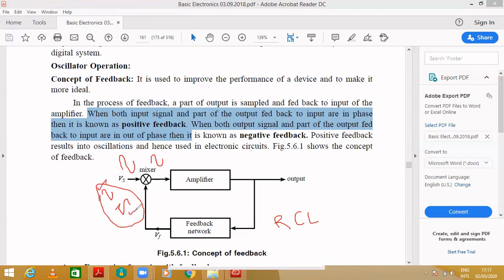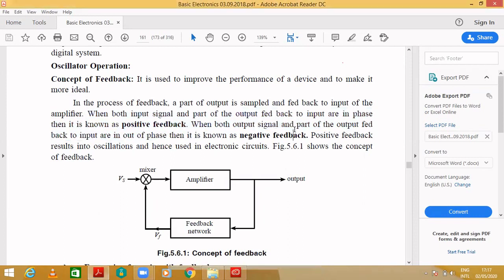Whatever you connected over here is a negative feedback. That is, when the output signal and the part of the output fed back to the input are out of phase, then it is known as negative feedback. But in the case of oscillators, we use positive feedback, and hence it is used in electronic circuits.